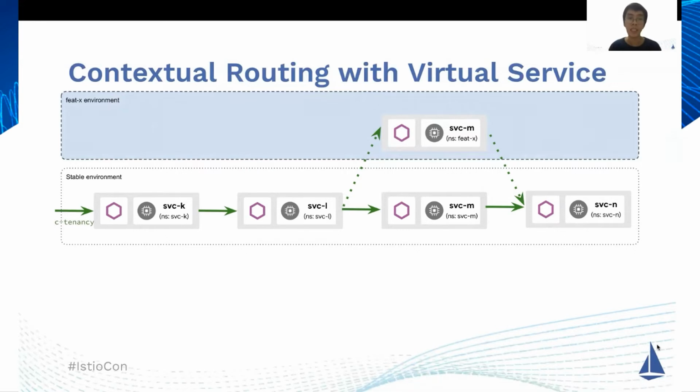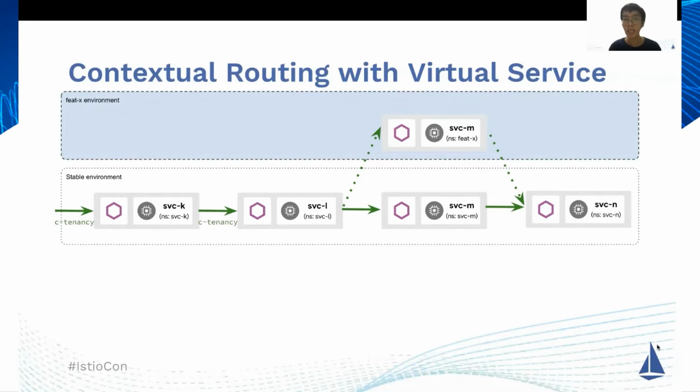Here, since service K is only available in the stable environment, service K in the stable environment will receive the request and then forward it to service L in the stable environment as well. Notice that the C tenancy header is also being forwarded to service L.